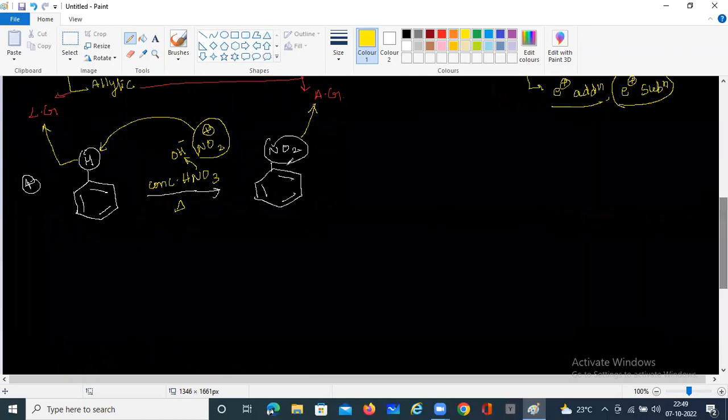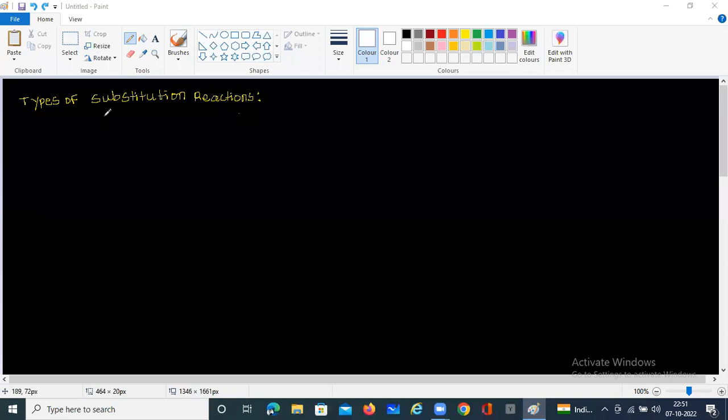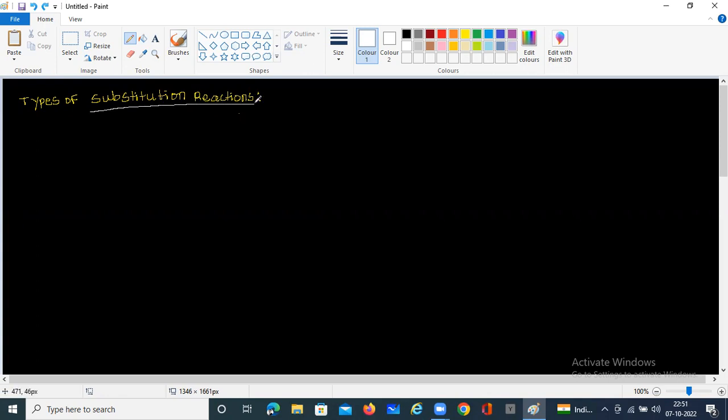Now let us know the types of substitution reactions. Substitution reactions are classified into 3 types: type 1, type 2 and type 3.